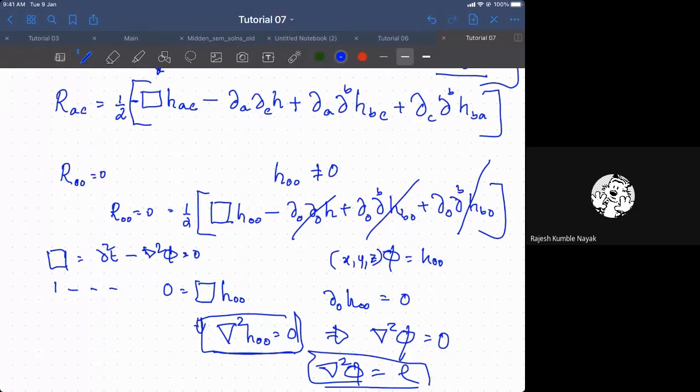Okay, any question or doubt? So it's a bit of a heavy calculation, but linearized theory is not as much of a thing.